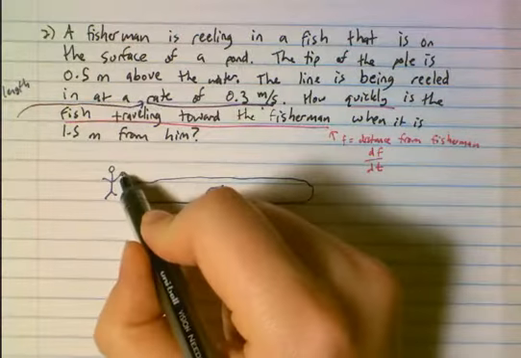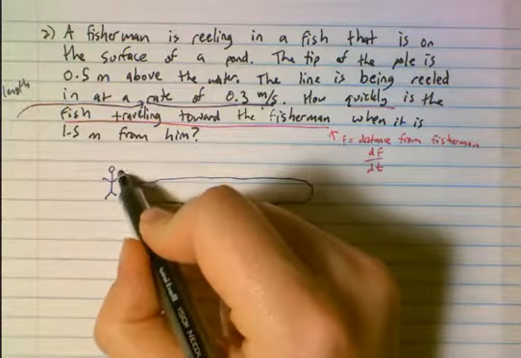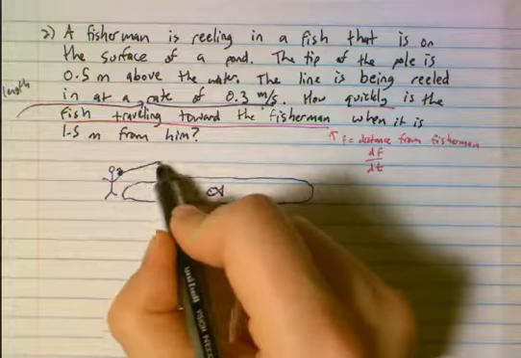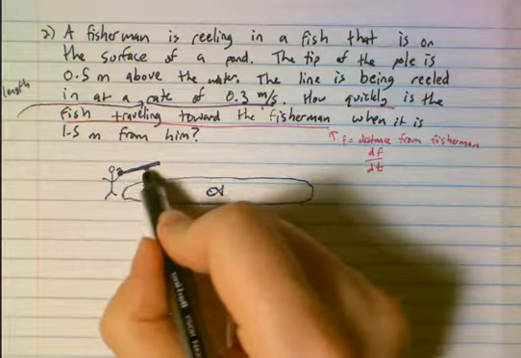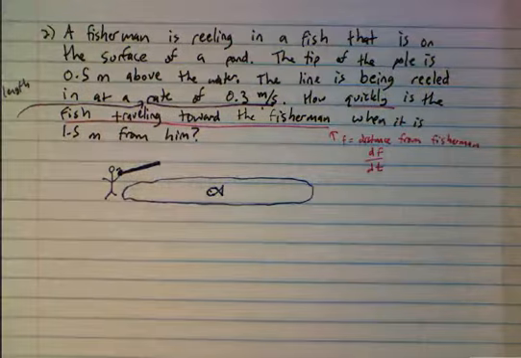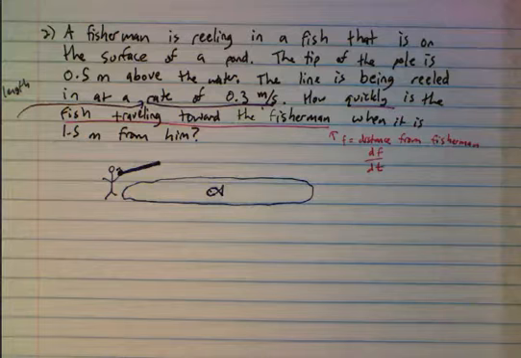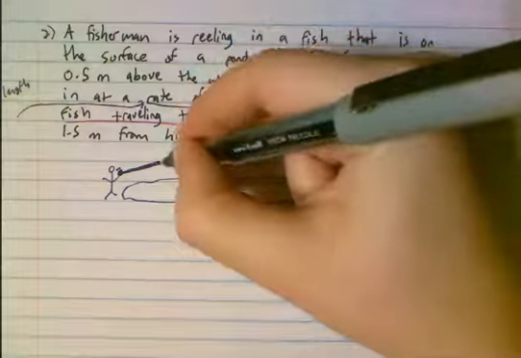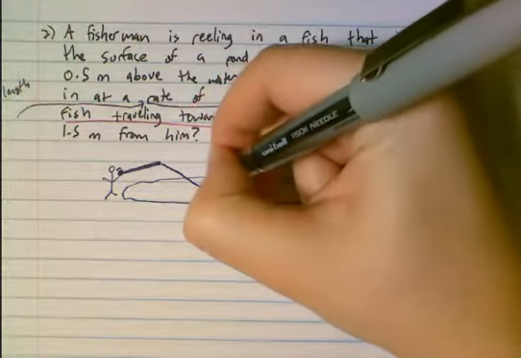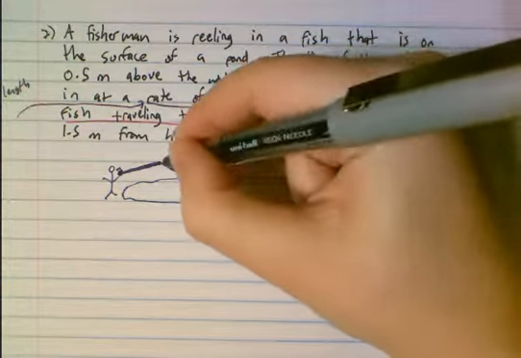So here is the little reel with the handle, and there's the fishing pole right there. And there must be a line there that's attached to the fish right here.